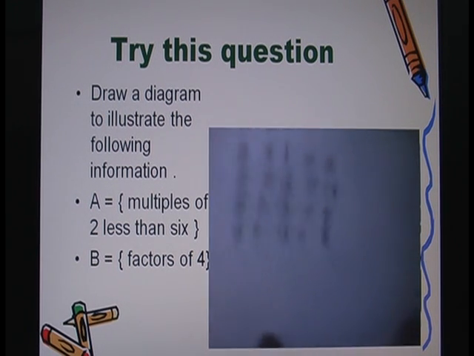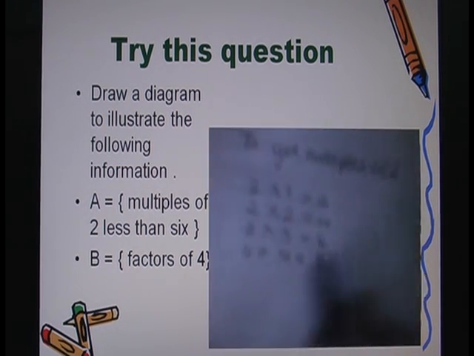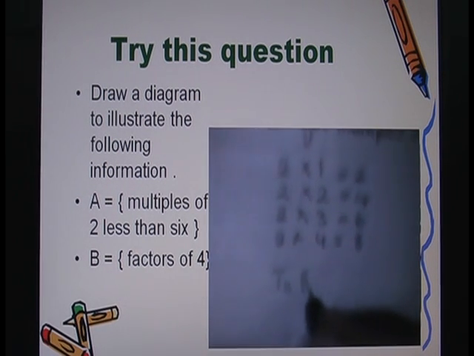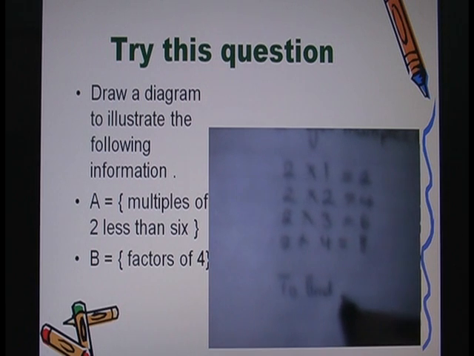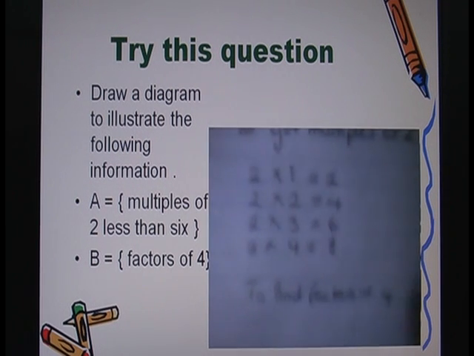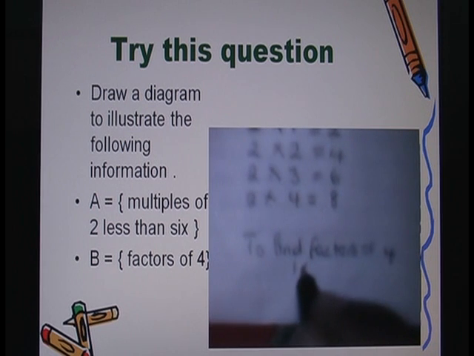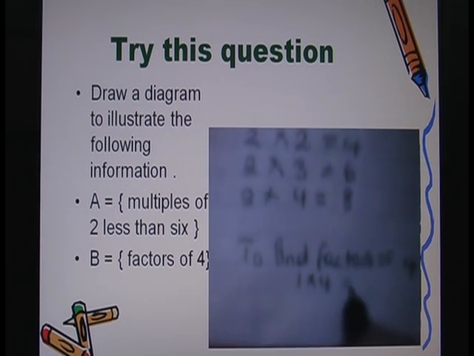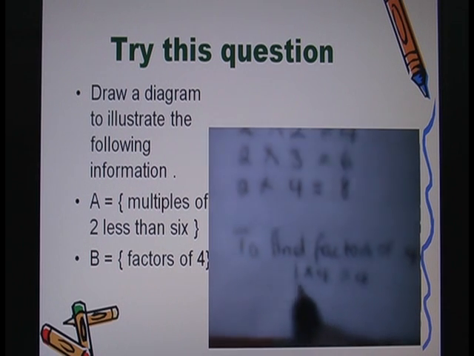Now to find factors of 4, we are seeing that any two numbers when multiplied that will give us 4 are both factors of what? 4.